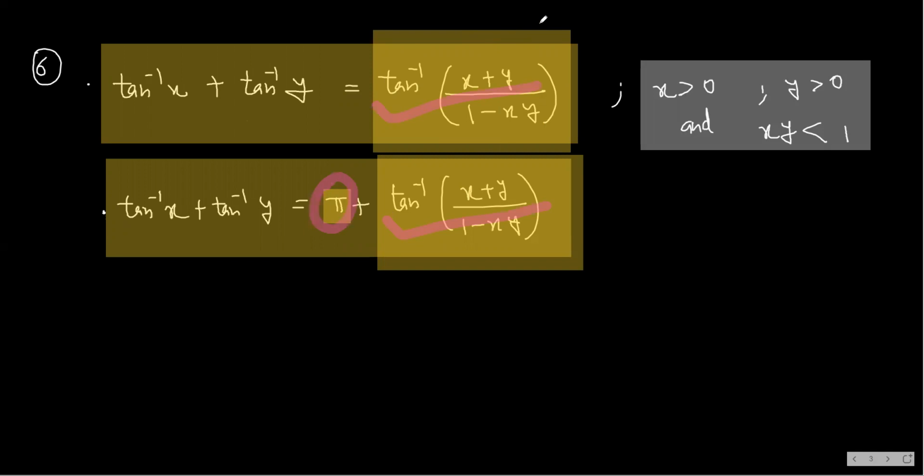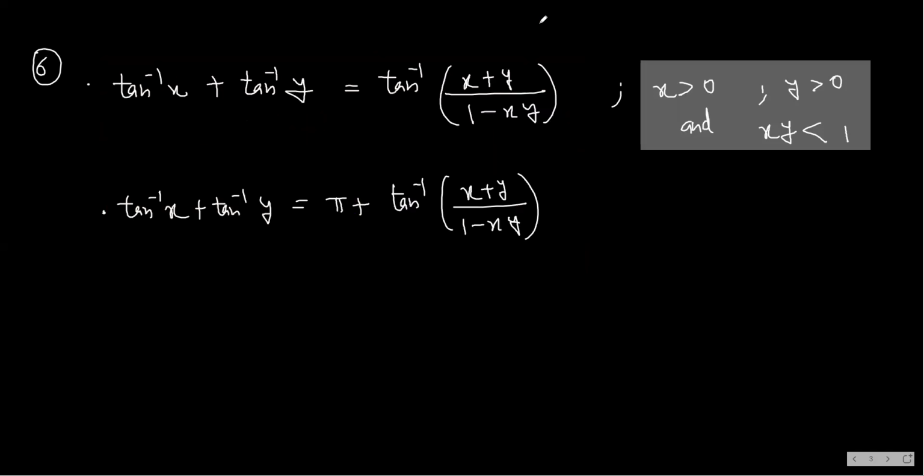Now, why do you add pi? That you have to understand. It is because x is greater than 0, y is greater than 0, and here x into y is greater than 1. Remember, if x into y is greater than 1, then you have to add pi.